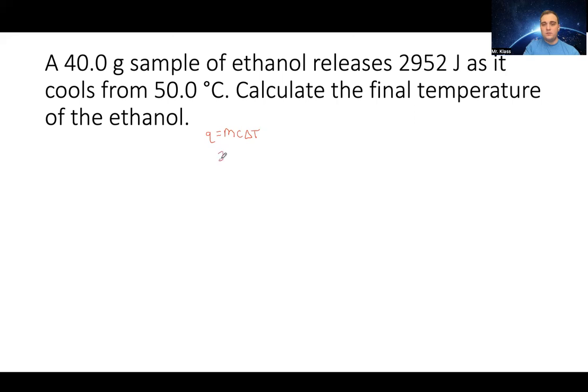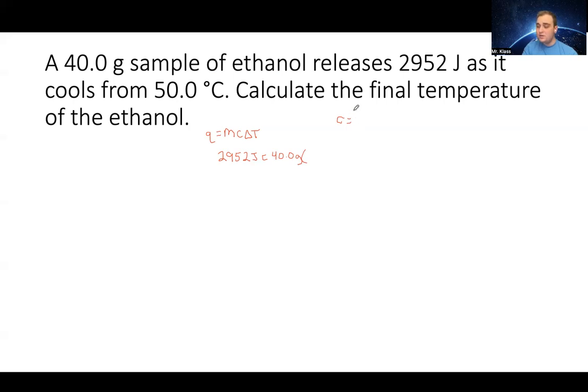Of course, we're given our Q, 2,952 joules. Of course, we're given our mass, which is 40.0 grams. Now, c is not given here. Usually you would find this on a reference table. In the case of New York State, you won't find the specific heat of ethanol on those reference tables. But if the question were asking you something about ethanol, they would be providing it to you.